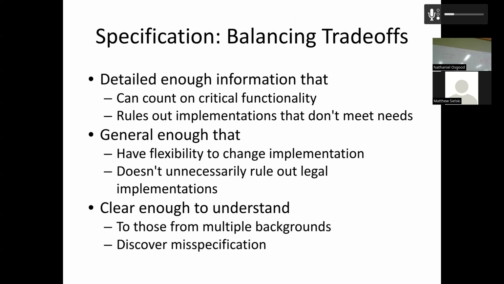But it should be general enough, flexible enough that we can evolve it. We don't want to box ourselves in so we can't have nice performance advantages, like changing a bubble sort to a merge sort. And it should be clear enough for people from a variety of backgrounds to understand, so people can count on it.